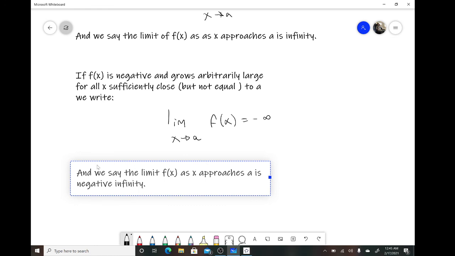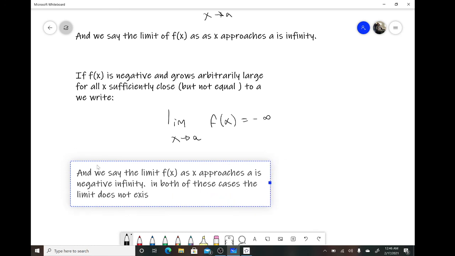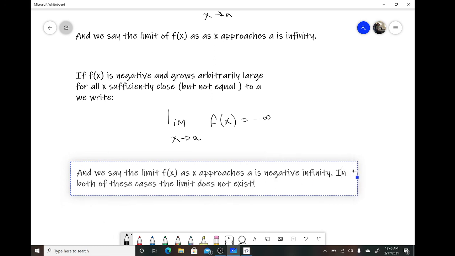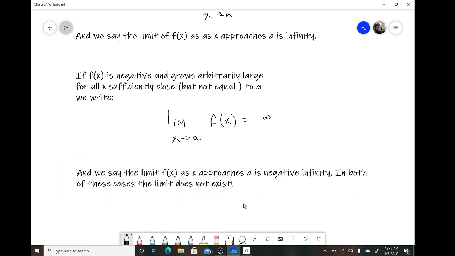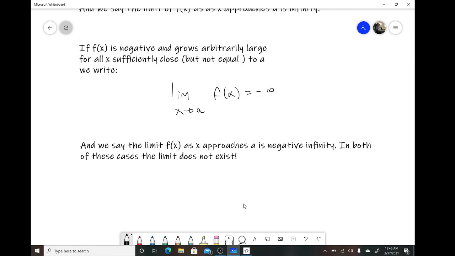Now, in both of these cases, the limit does not exist. Remember, infinity is not a number, it's an idea. So saying that the limit is plus infinity or minus infinity does not actually meet our definition of a limit that we have from before.